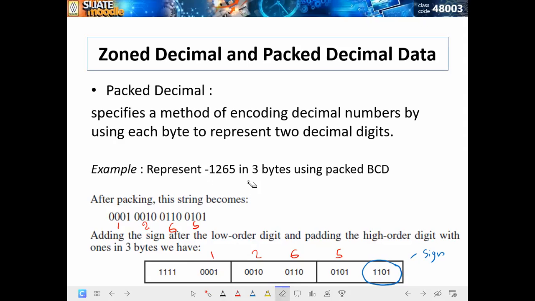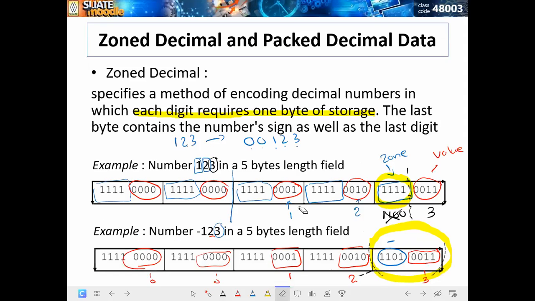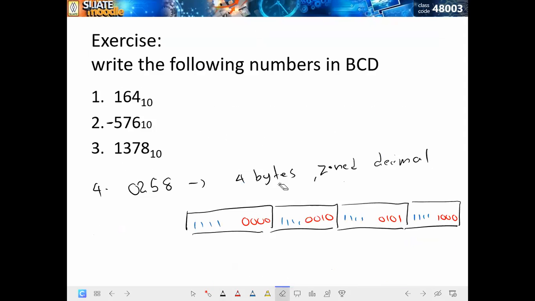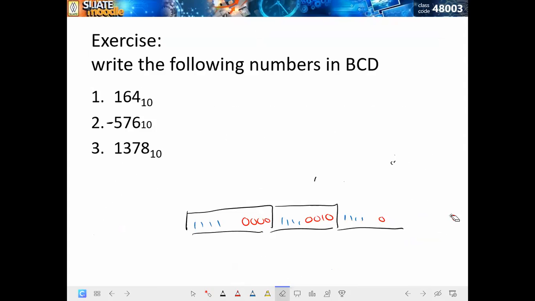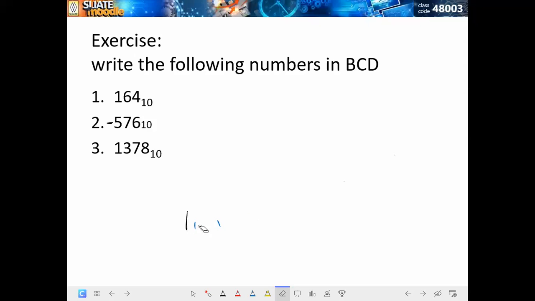Okay, then we will try the previous examples, the previous values, this time in packed decimal. Try the first one: 164, this time in packed decimal, not zone decimal.